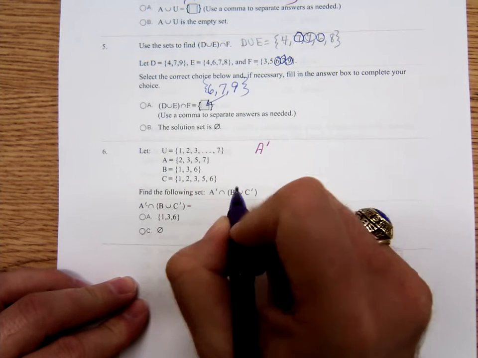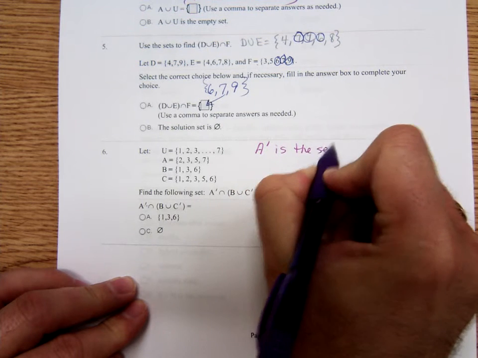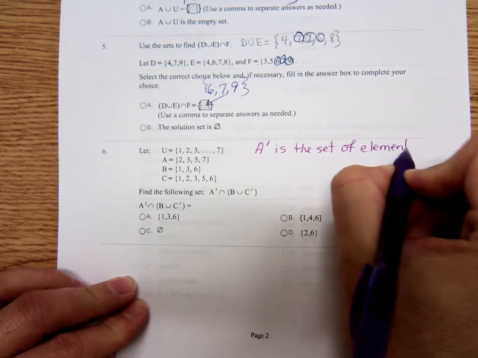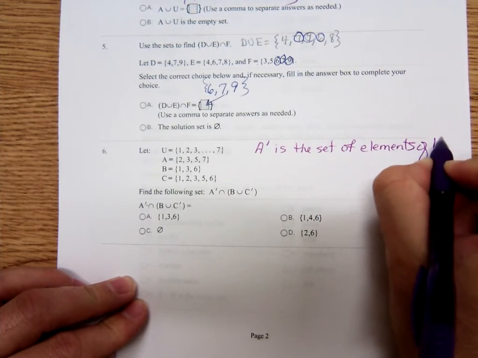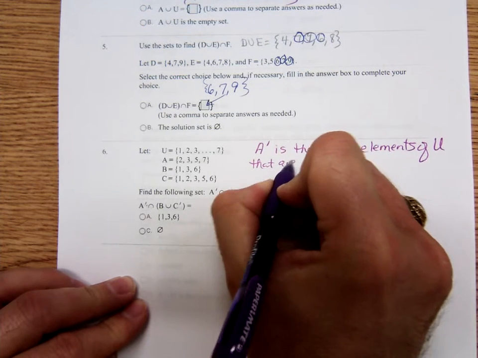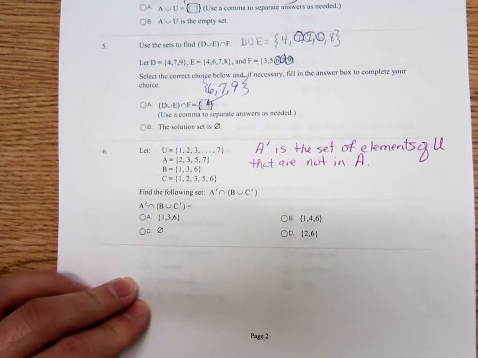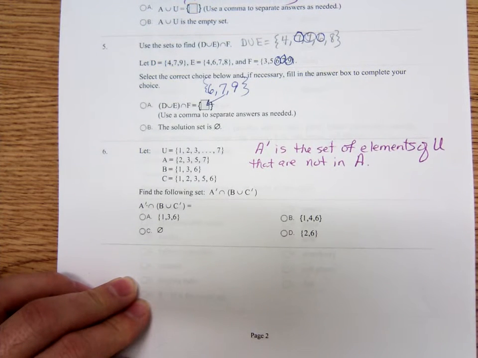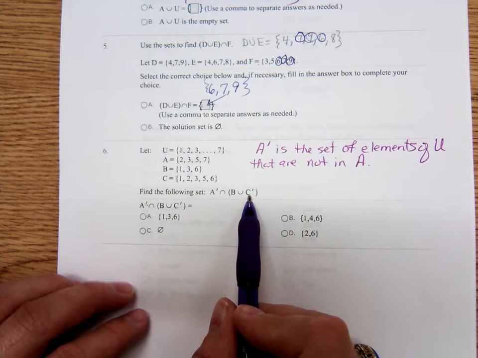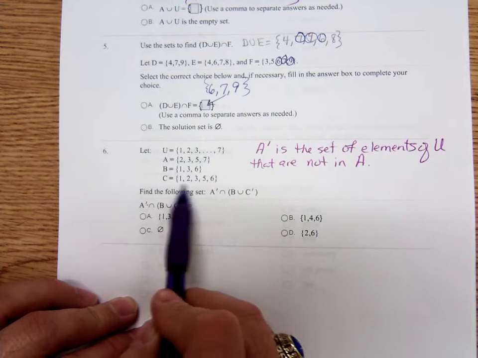A complement is the set of elements of the universal set U that are not in set A. So when I look at this, I see an A complement, also a C complement. So C complement would be everything in the universal set that's not in C.